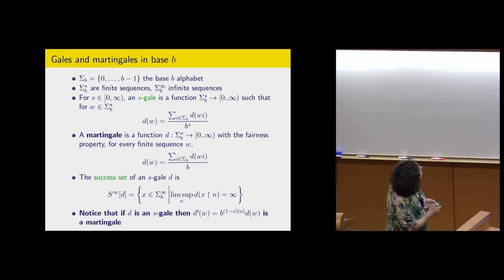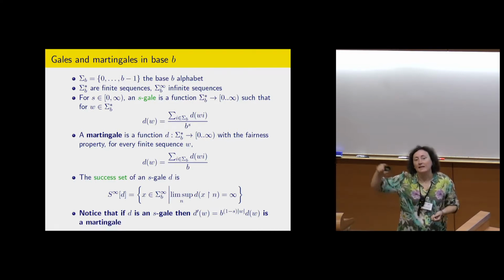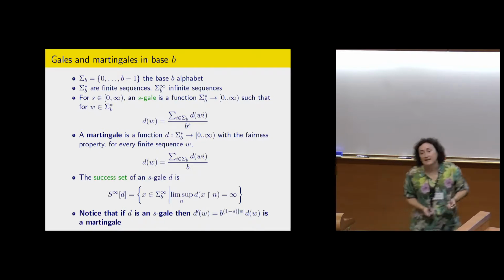And the success set is the set of infinite strings for which the lim sup of the value of d over length n prefixes goes to infinity. So it's a lim sup thing. So you succeed in the best case. So of course, s-gales and martingales are related very easily. So for instance, if d is an s-gale, then d prime, defined by multiplying d by B to the (1 minus s) times the length of the input, is a martingale.